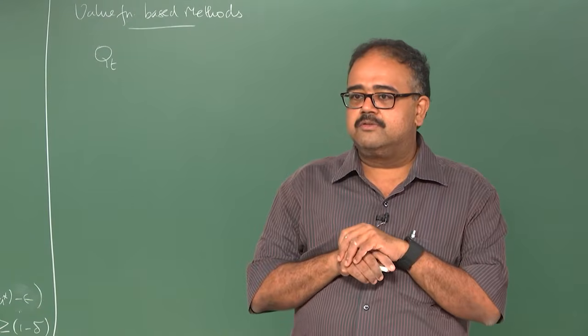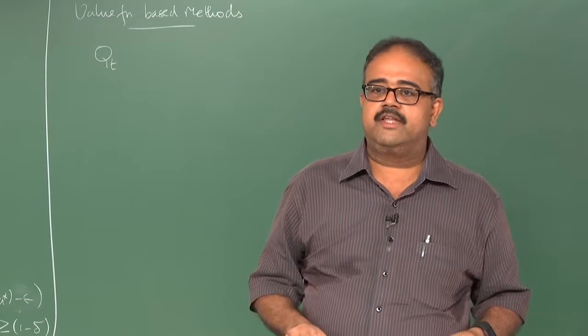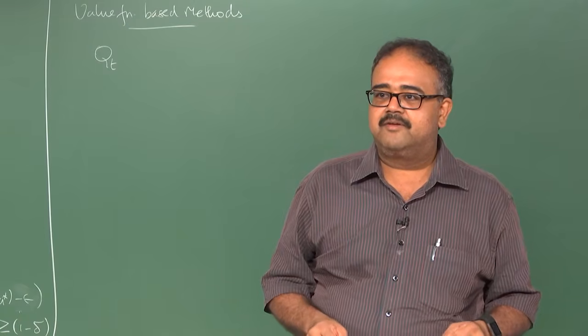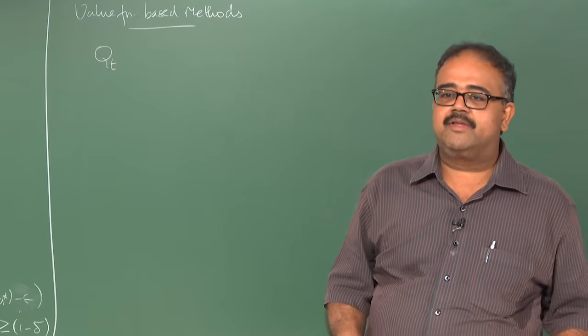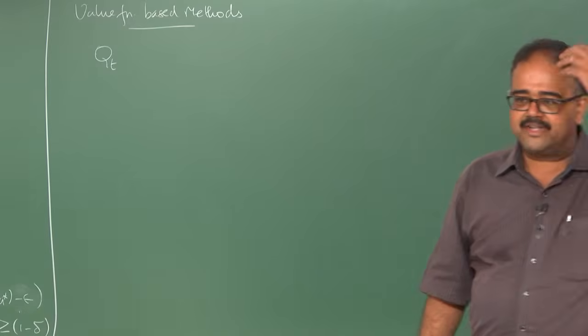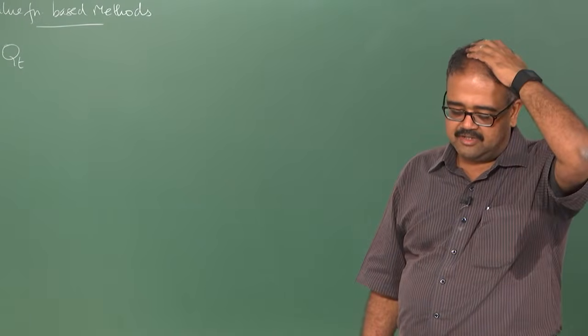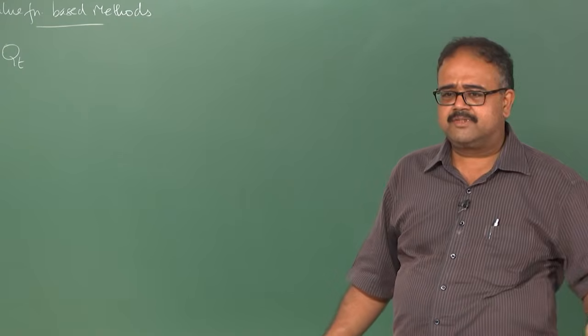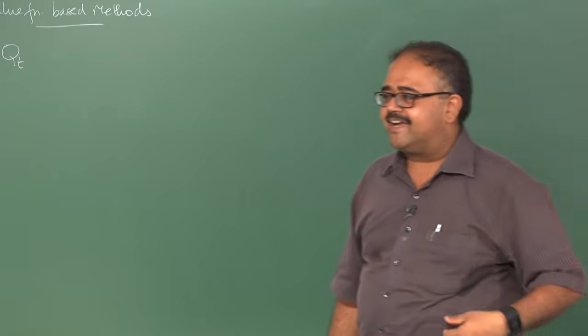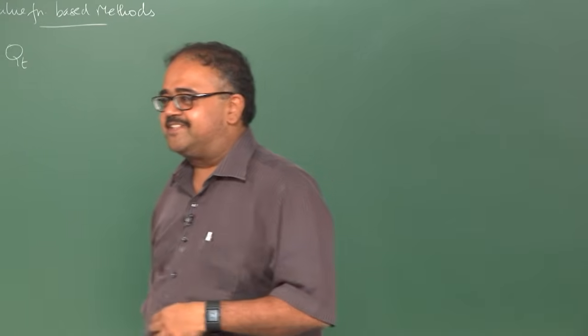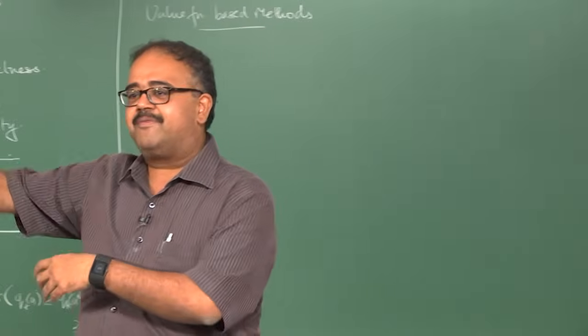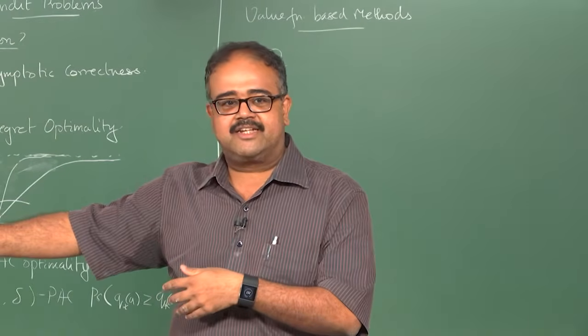To the extent possible, I will try to follow the edition 2 notation, but edition 1 is ingrained in me. I have been using edition 1 notation for God knows 15 years or something. So suddenly they decided to change the notation in edition 2. So by force of habit, I might slip into edition 1 notation occasionally.